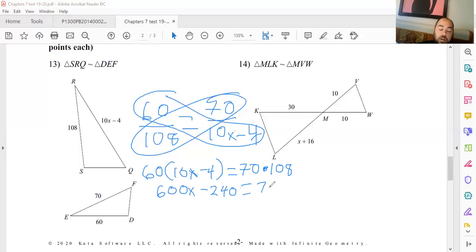And this is going to be 7,560. So what we're going to do is add 240 to each of these. So we'll solve for good old x. We're going to add 240 over here. So this gives us 600x equals 7,800.